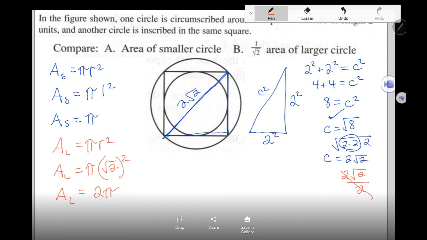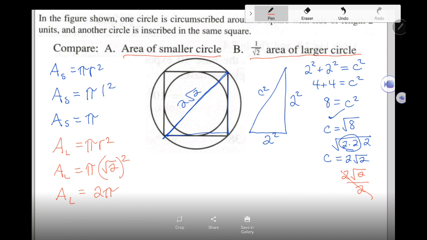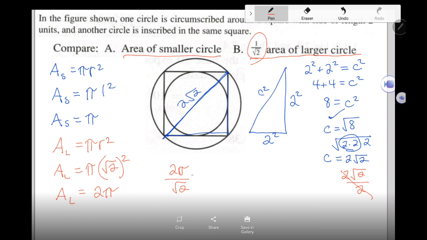Okay, so then it says I'm supposed to compare the area of the small circle and 1 over the square root of 2 times the area of the large circle. So we're going to say 2 pi, and we're going to divide that by square root of 2, because they said I was supposed to have 1 over the square root of 2.